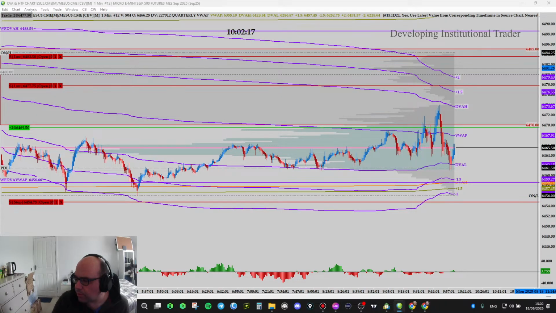So if you see my screen, I'm just gonna show you now. That's the volume profile, and that's of the Globex of the ETH. That's the one we open now, the RTH.